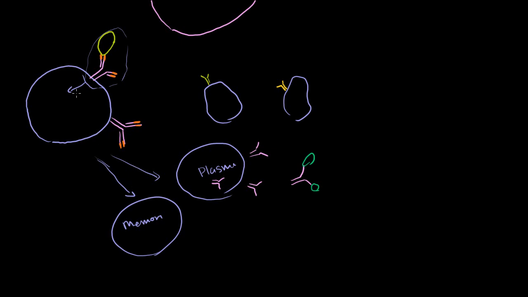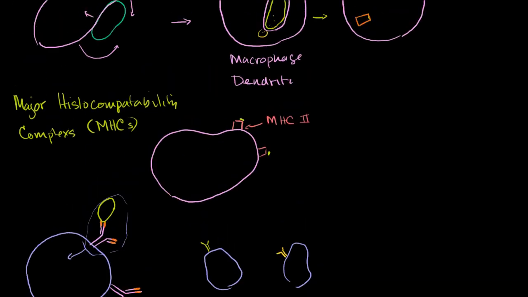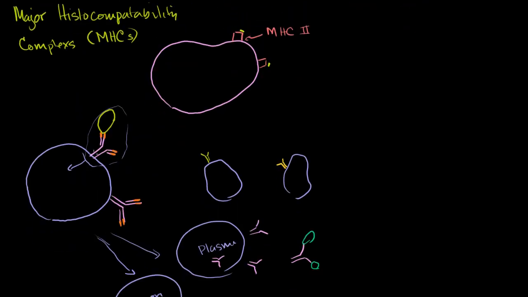But the interesting thing is that the B cell will also do what the phagocytes do. The B cell will also take this guy into the cell, maybe he's initially attached to the antibody, and break him up, take pieces of this pathogen and attach it to MHC2 proteins, and then present them on the surface.